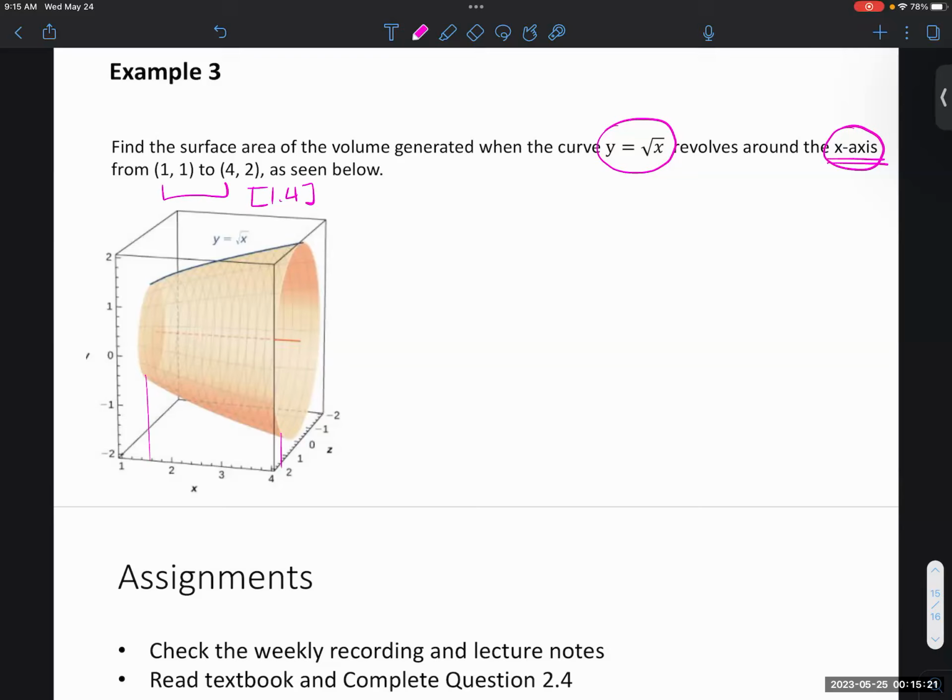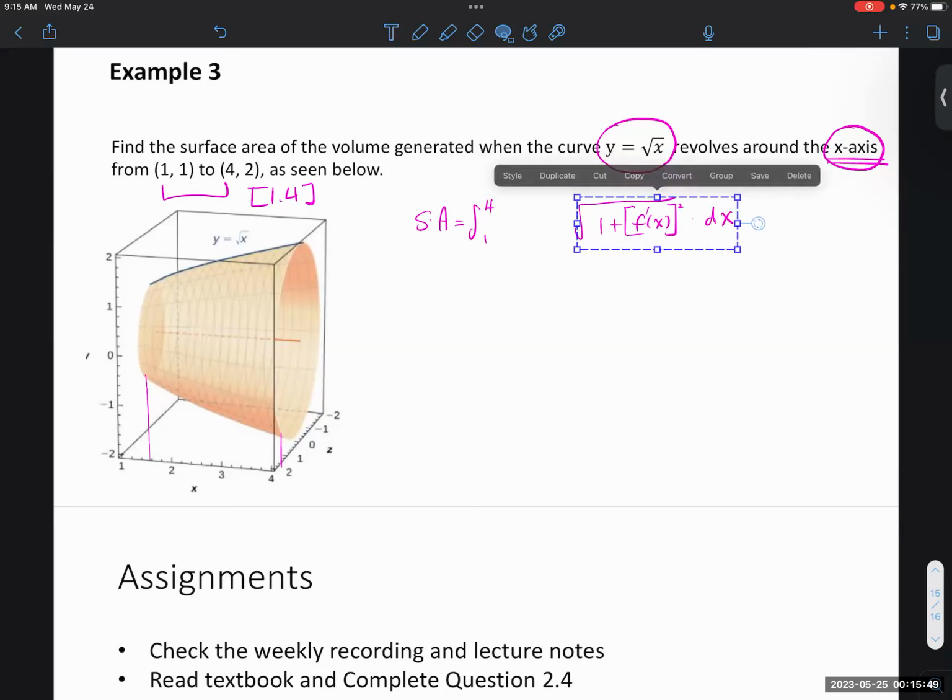So how do we set up that equation? Same thing, surface area, right? A to B, but this time we have 1 to 4, and that's them rotating about x. And then radical 1 plus f prime of x, second power, dx. Is this a surface area formula? No, this is arc length. So you have to multiply by 2 pi f of x.